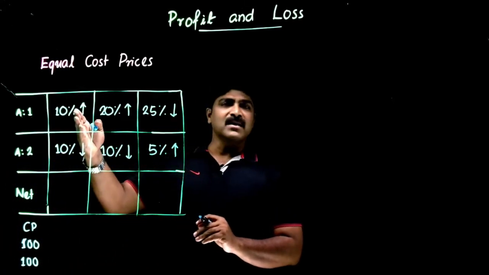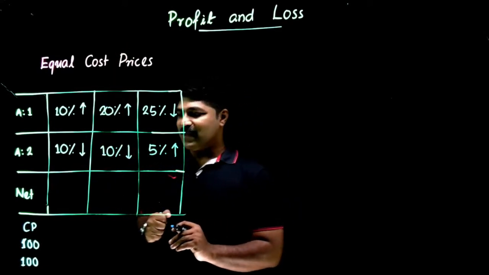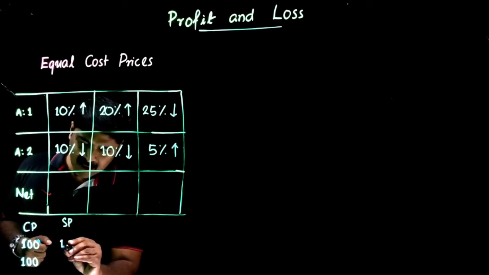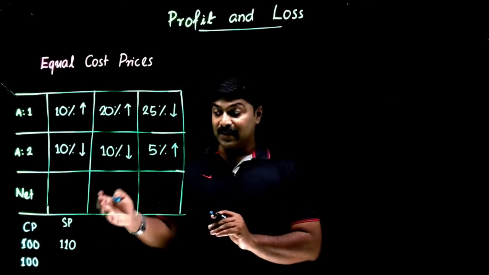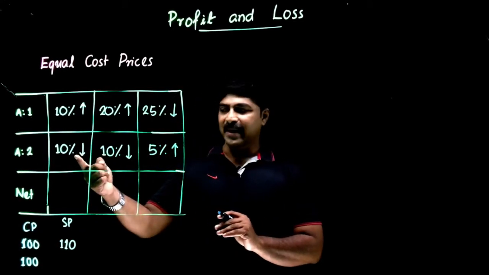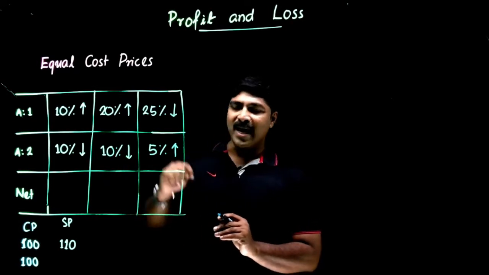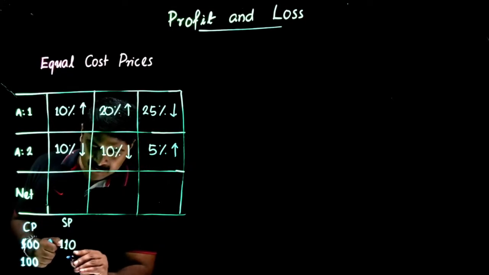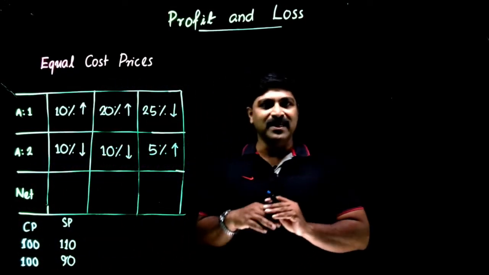The first article made a profit of 10%, so then what you can consider as the selling price of this first article is 110. And the second article made a loss of 10%. What you have to consider as the selling price of the second article? So here the second article, its selling price becomes 90.